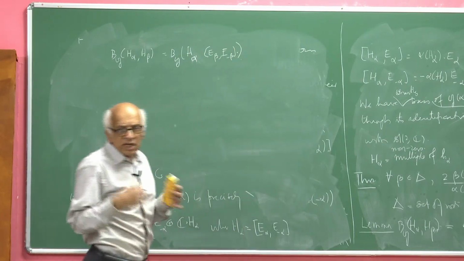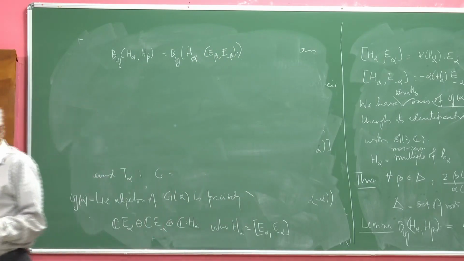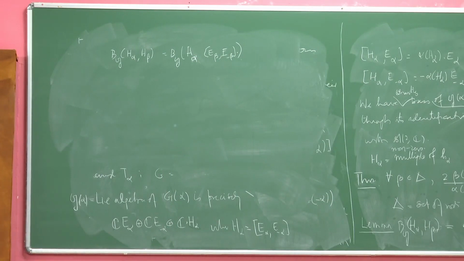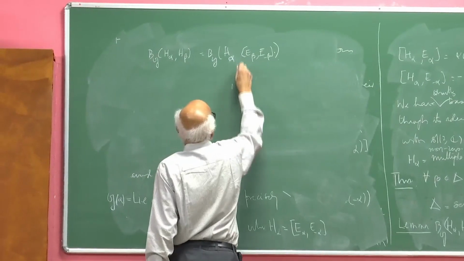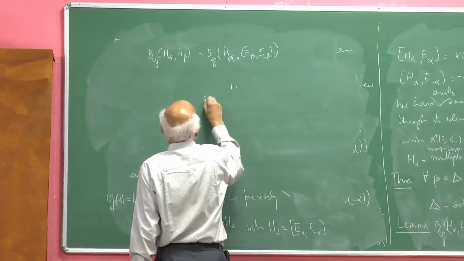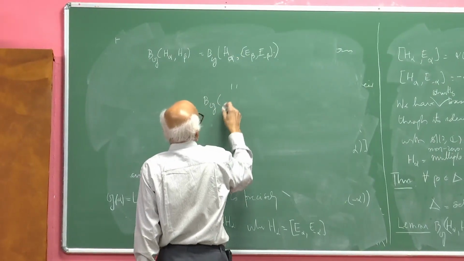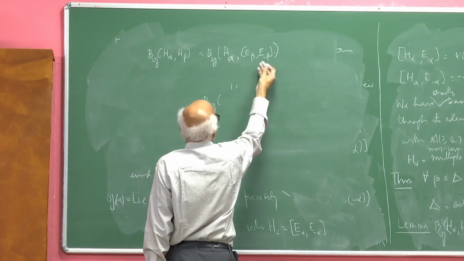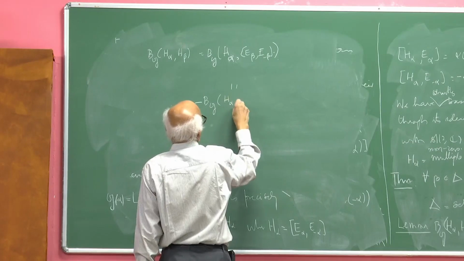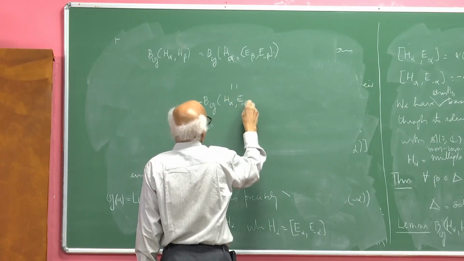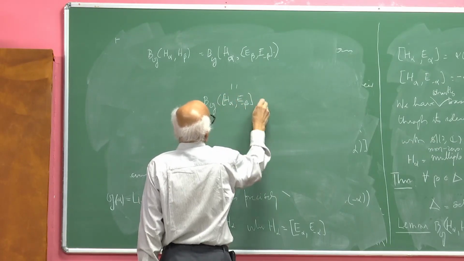Now the killing form is invariant under the adjoint action of the Lie algebra. So because of that this equals Bg of, taking this over to this side, minus of h alpha E minus beta, comma E beta.